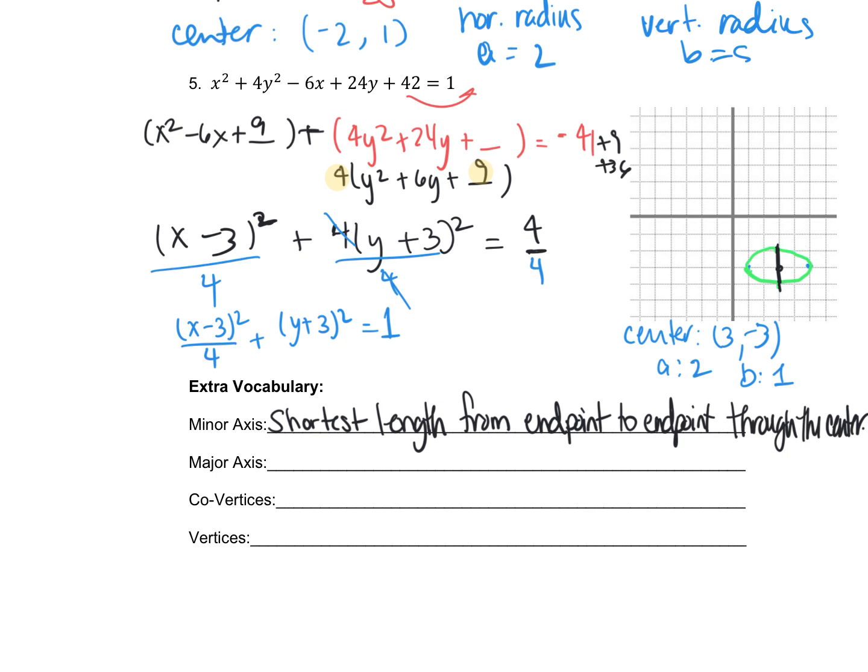So for this one, the minor axis for here would be 2, because it's the length, so measure it all the way out. 2 units, we don't know how long it is or anything. So the major axis is actually the longest length from endpoint to endpoint through the center.